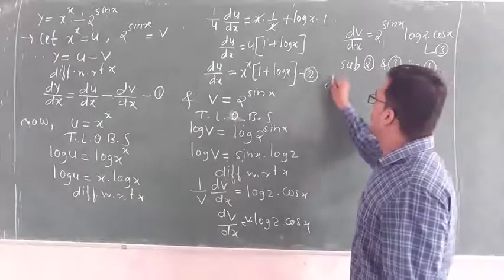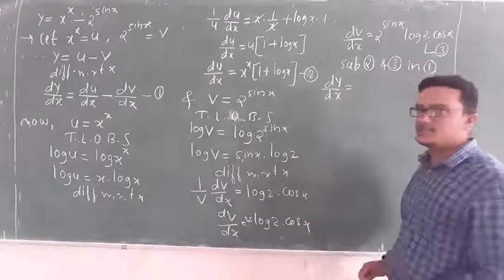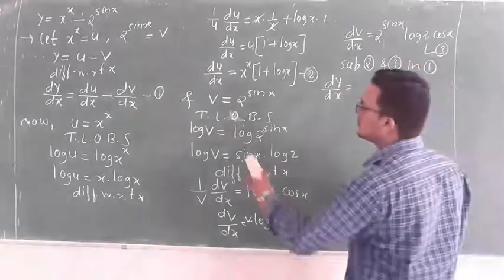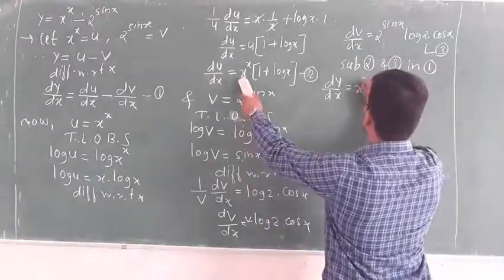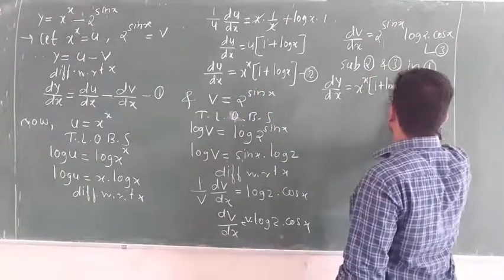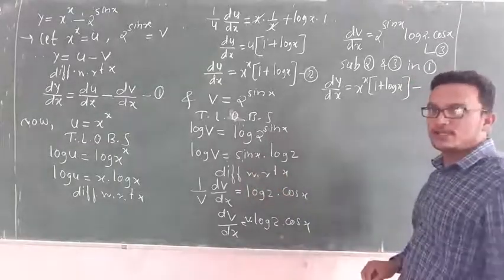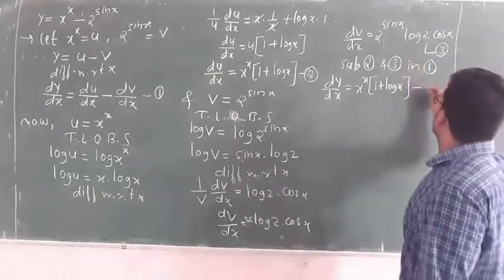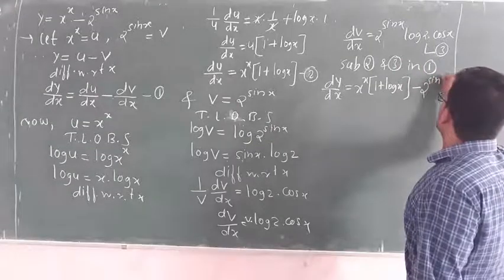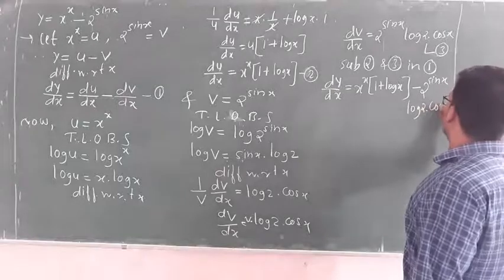So equation 1 is dy by dx is equals to, first term du by dx, that is x to the power x in bracket 1 plus log x, minus dv by dx, so dv by dx is 2 to the power sin x into log 2 into cos x.